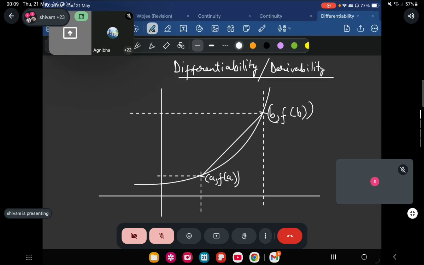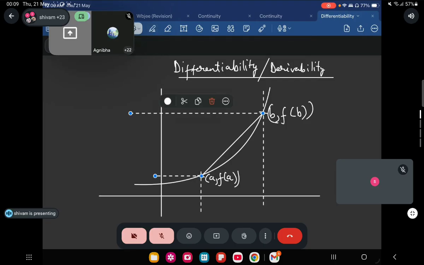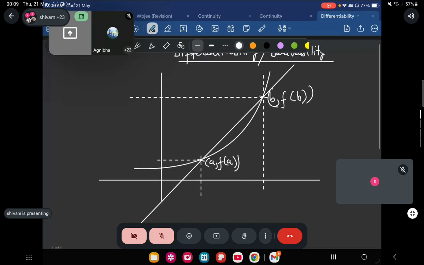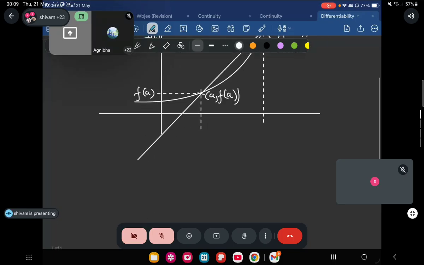Actually, this straight line is the chord of the curve. So we are finding out the slope of the chord. This is f of A and this is f of B. So what is the slope?